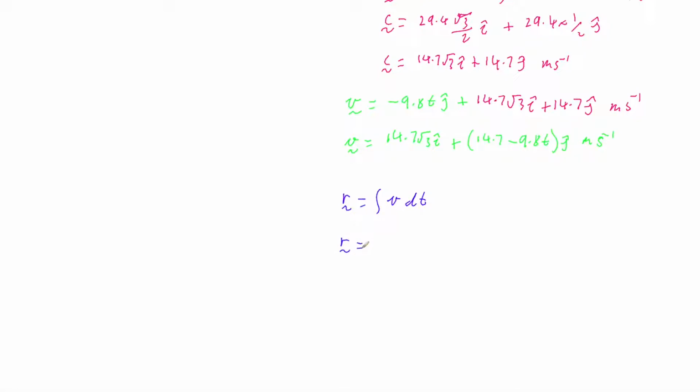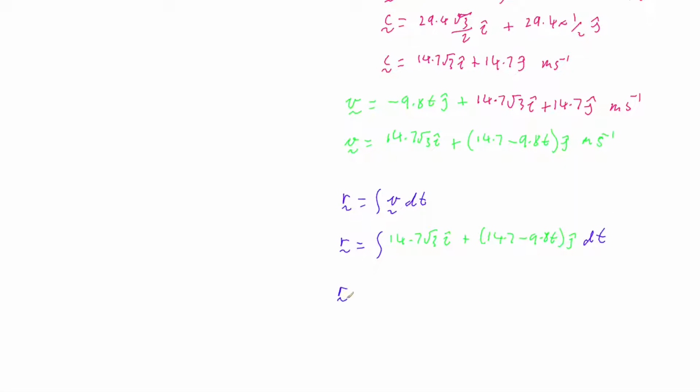So our displacement is going to be given to us by the integral of this 14.7 root 3 i plus 14.7 minus 9.8t j with respect to time.